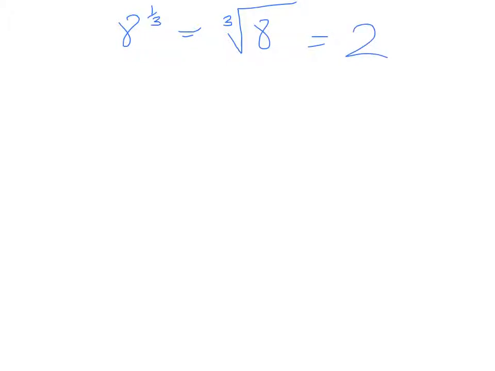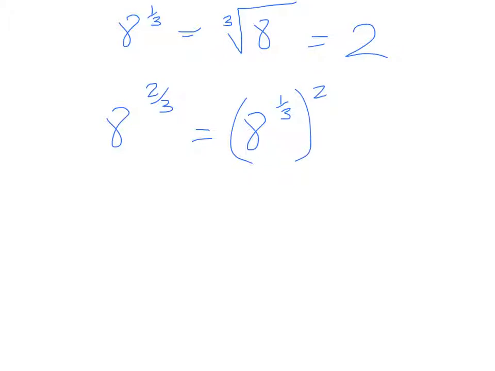All right, so let's get a little bit more daring here and put a number other than 1 in our numerator. So what does this mean? 8 to the 2/3 power. Well, going back to the laws of exponents, we know that 8 to the 2/3 power is really just 8 to the 1/3 power squared, right?